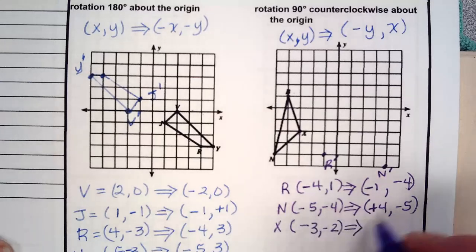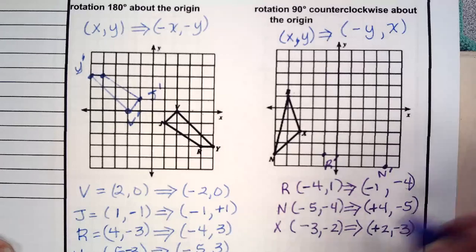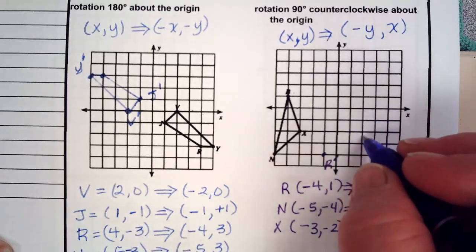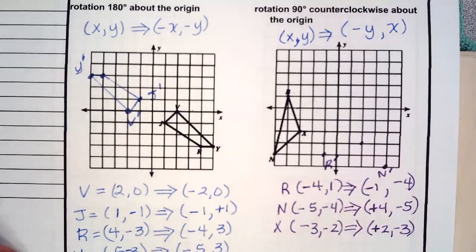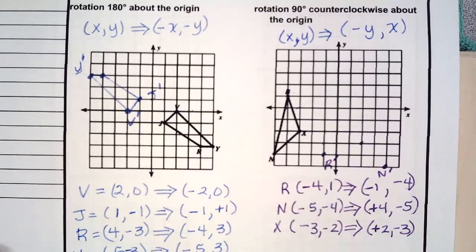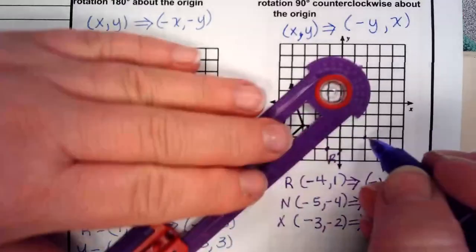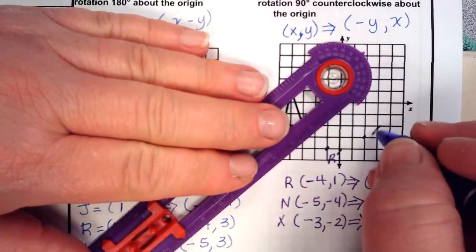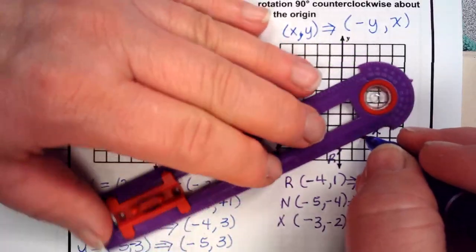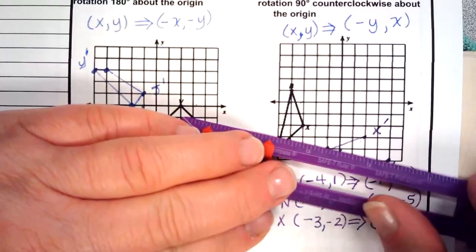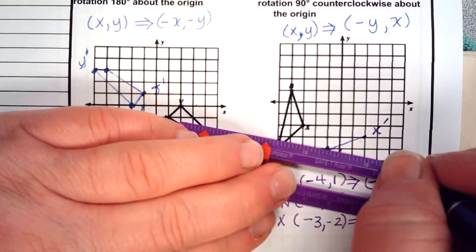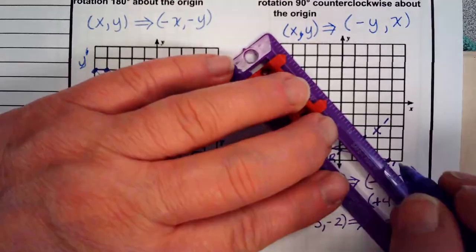It is mapped onto -2, -3. The first one becomes its opposite. So 2, -3. Connect your dots. And we are done.